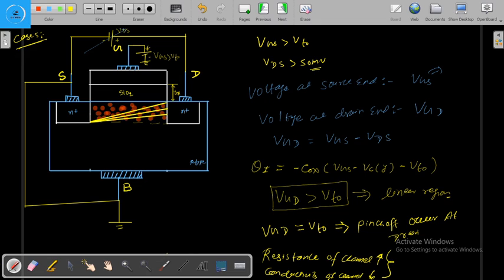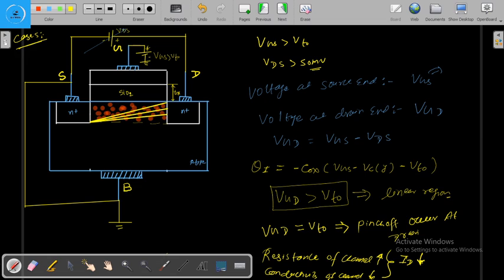And because of this, the drain current is decreasing, and due to this we will see the bend in the ID-VDS characteristics.